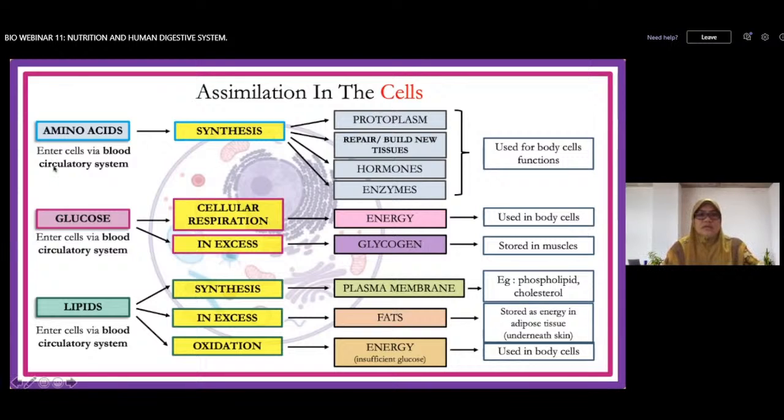So dekat sel okay, melibatkan tiga bahan. Okay, tadi amino acid, glucose, lipid. Kalau dekat liver amino acid dengan glucose saja kan. Okay, kalau dekat sel ada tiga benda ni: amino acid, glucose dengan lipid.